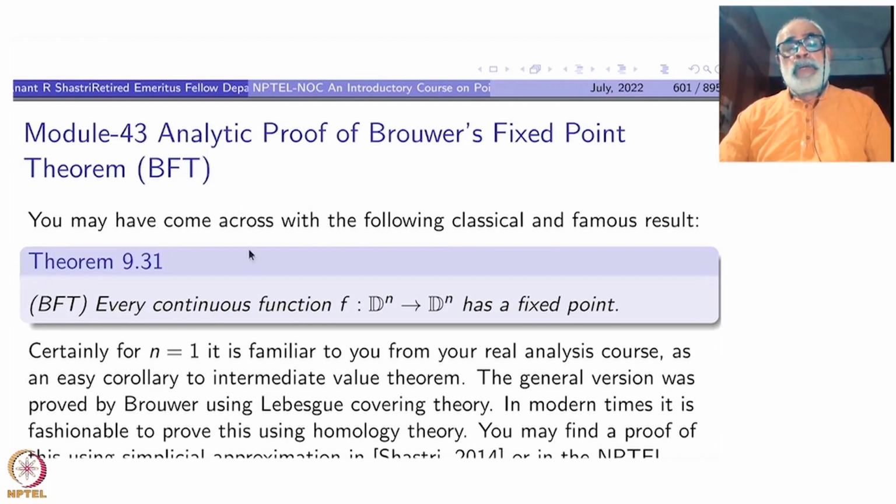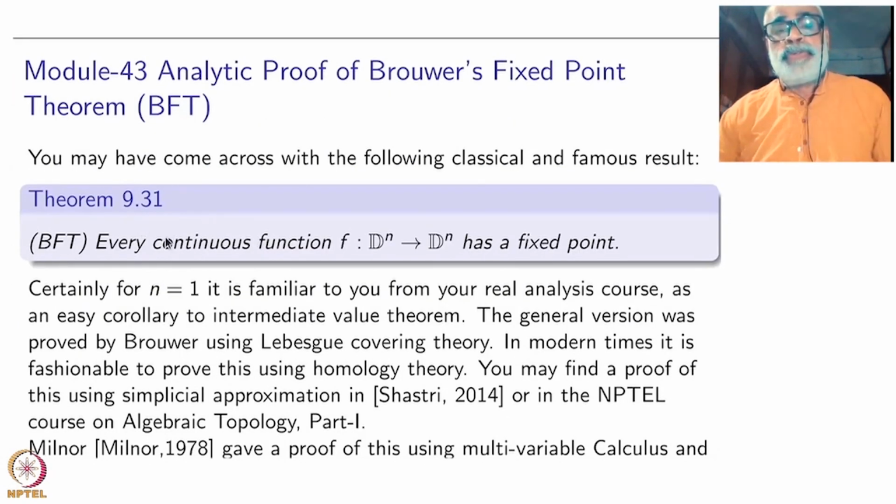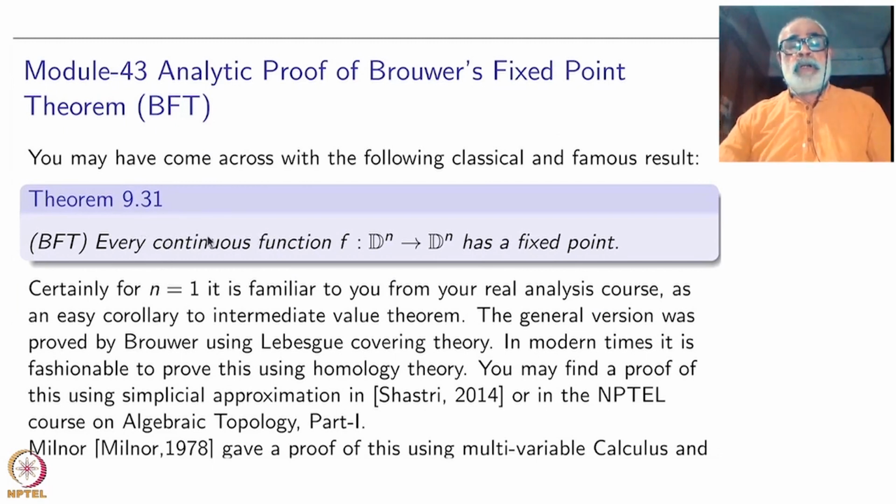You may have come across the following classical and famous result, which we call Brouwer's fixed point theorem. Every continuous function from a closed disk Dn to Dn has a fixed point.